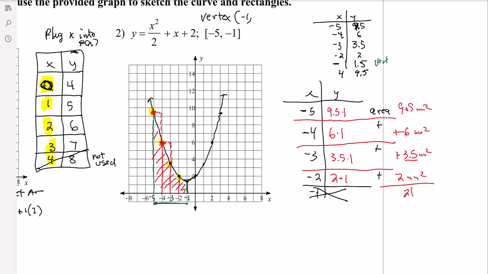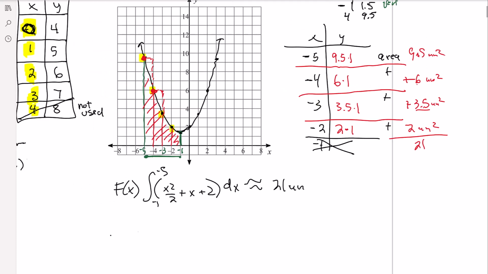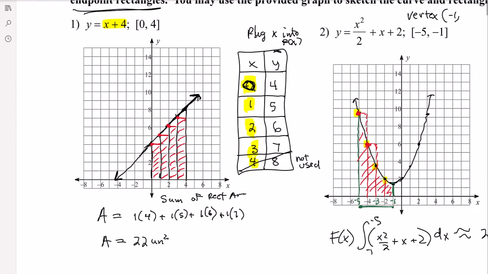You could say, since taking the integral, this is from -5 to -1, we can say is roughly 21 units. So, and then I'll leave this up here for a second to see what we did on this one. All right, and then we'll start another one.